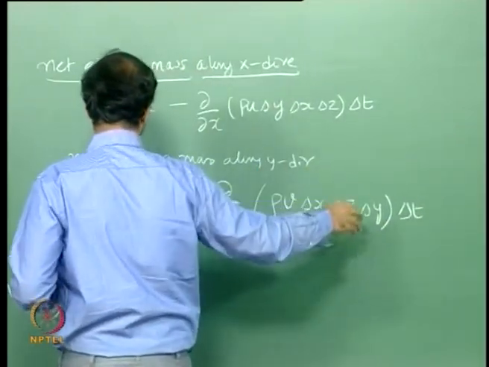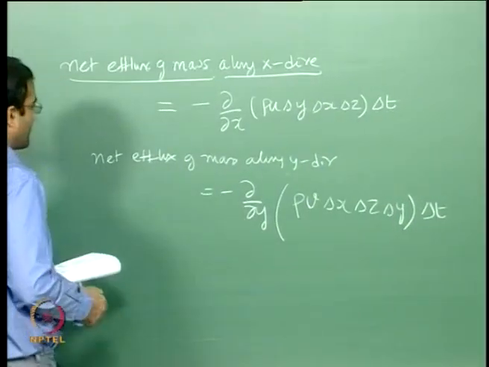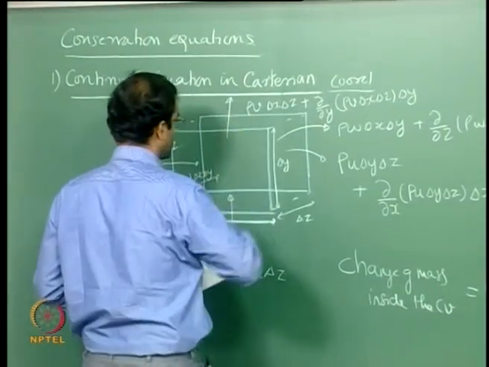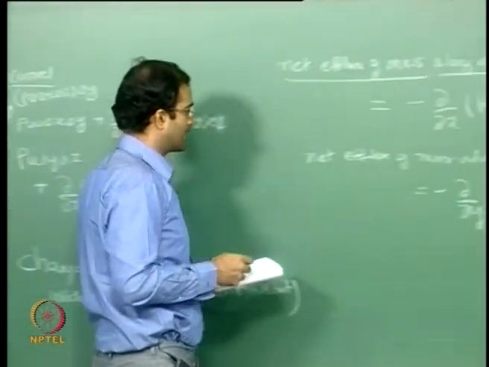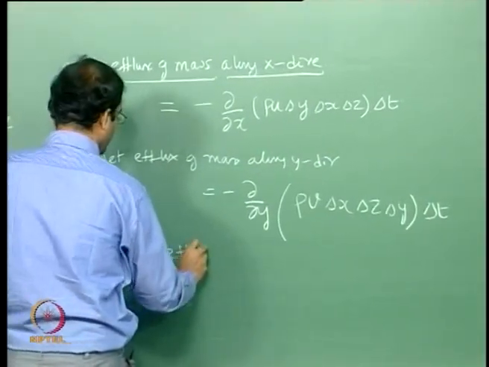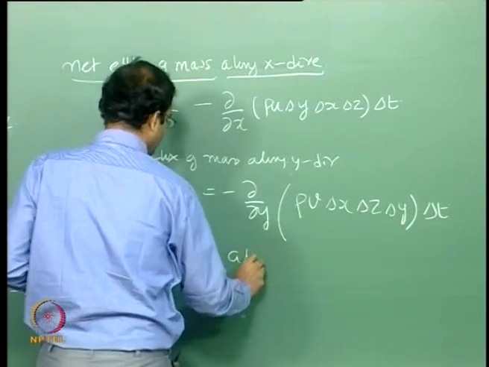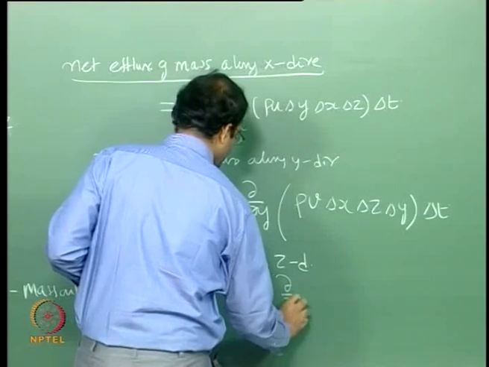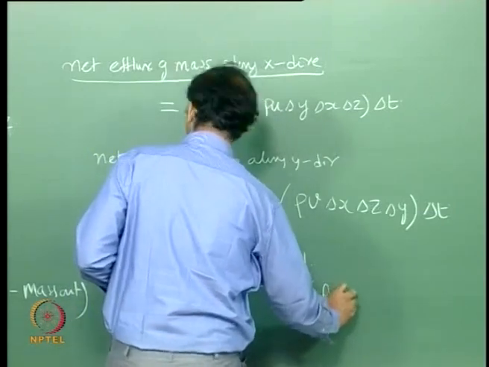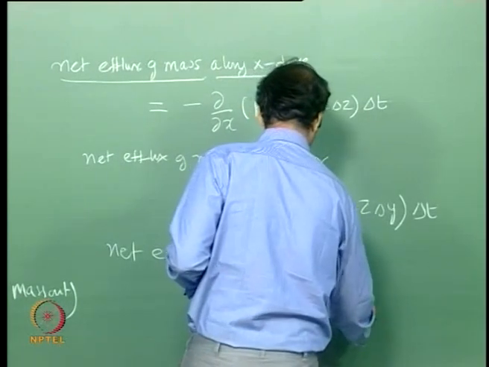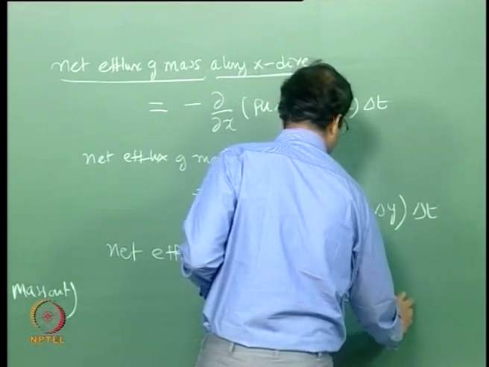So this is the flow rate multiplied by the duration over which you are monitoring the mass, that is your delta t. Similarly, your net efflux along the z direction will be minus d by dz of rho w times delta x delta y delta z into delta t.